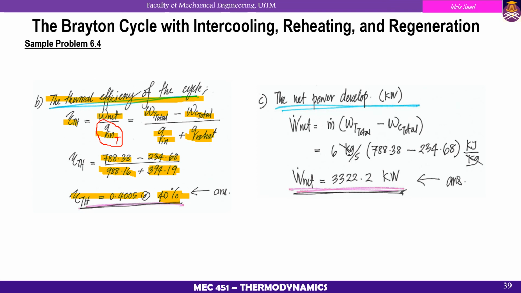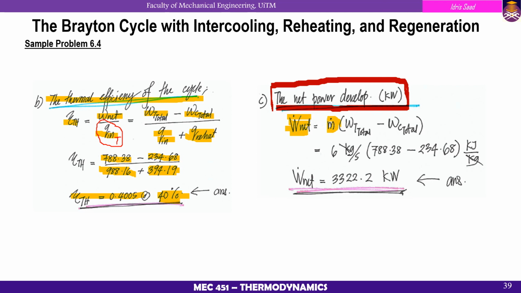Finally, we can calculate the net power developed by the system, in the unit of kilowatt. We know that the power output from the system is equal to mass flow rate multiplied by work net.